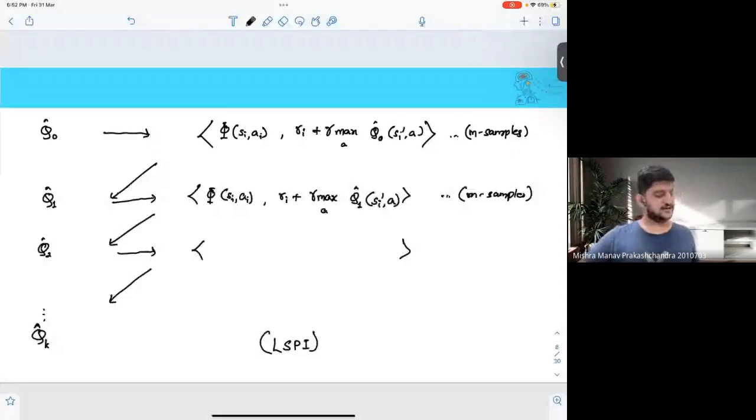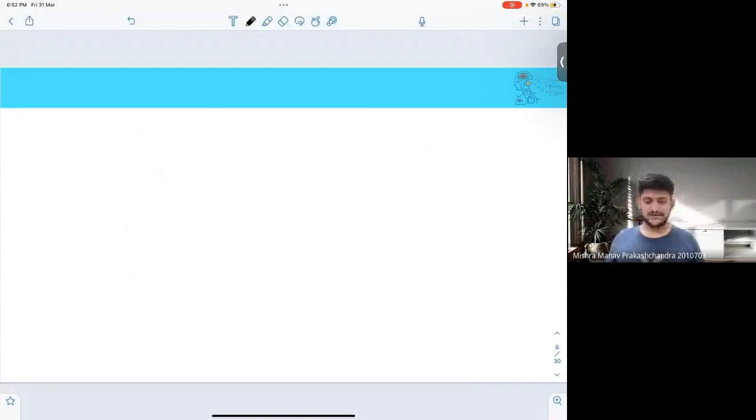So for the content of week 9, we had seen how fitted Q iteration works, right?